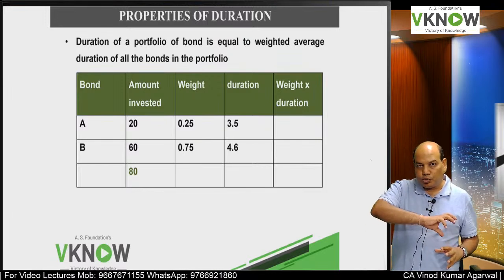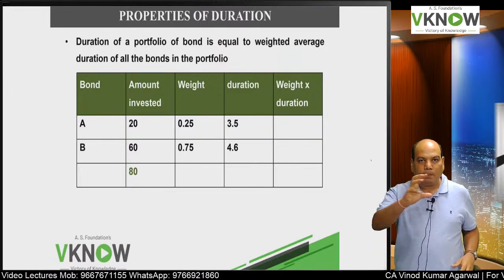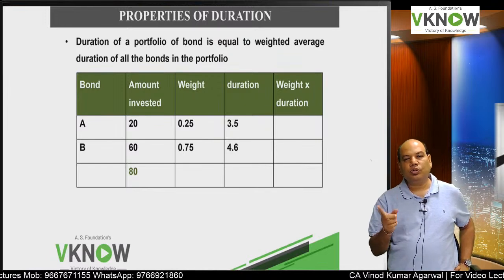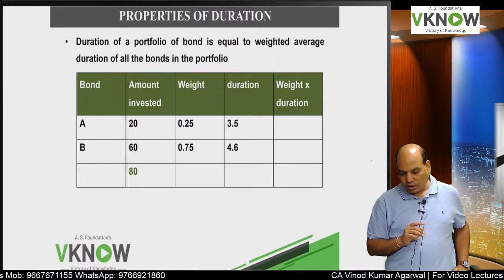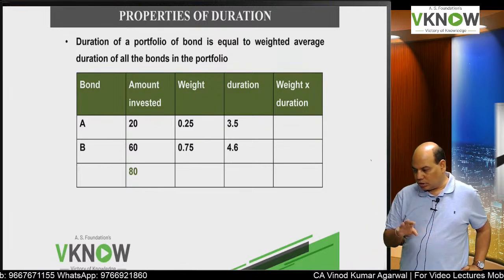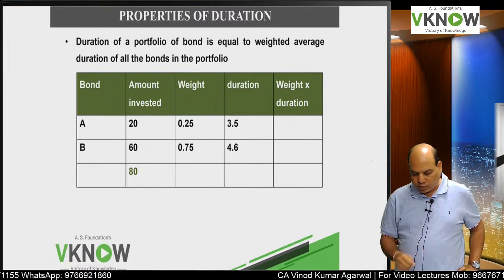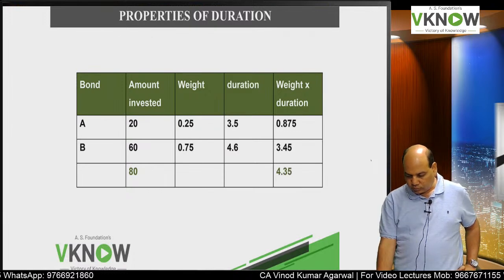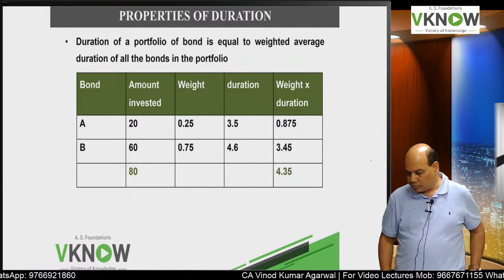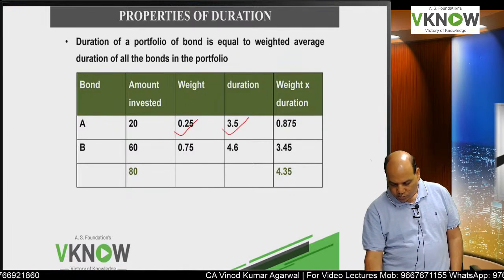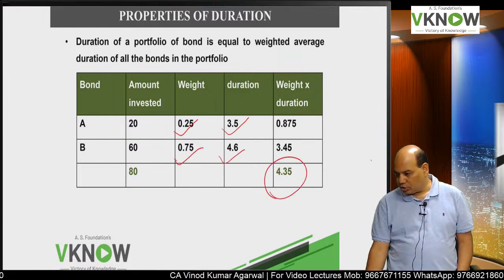So how do you compute the duration of the bond portfolio? Multiply weight into duration and take the total of the last column. Anybody, total of the last column? So you multiply weight into duration and give me the total.